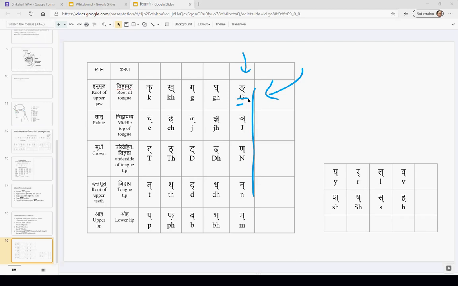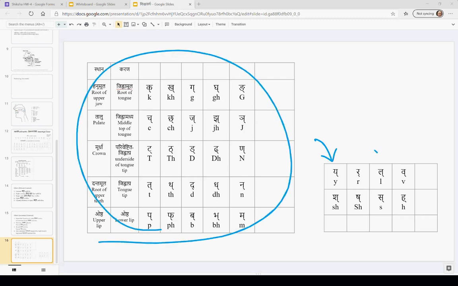But when we are combining two vowels, from the front towards the end, similarly we can come from the end towards the front. That is also possible. That combination we will see in the next class when we start looking at this. So we have completed this part.